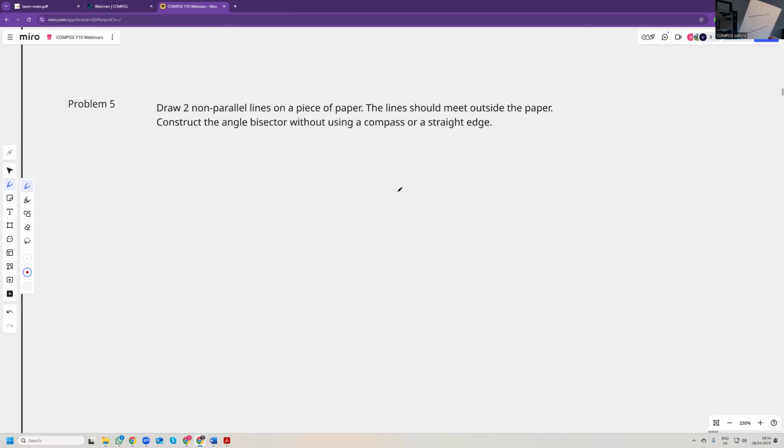Can somebody help me? Fold it how? Fold it along the lines.